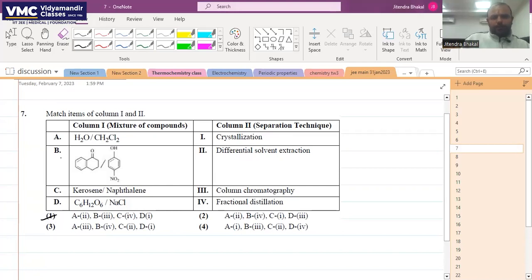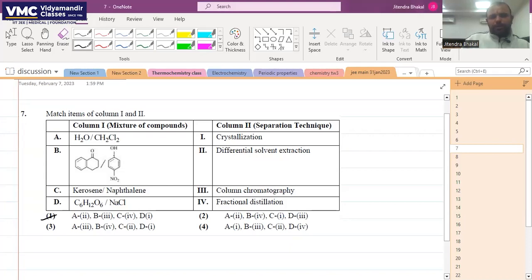Then if we want to check the other, in B, there are two compounds, and one compound has an OH bond, so this compound may form hydrogen bonding. The other compound will not form hydrogen bonding.